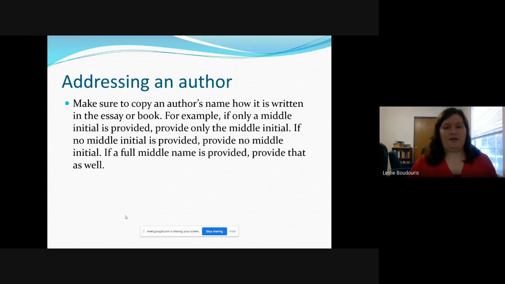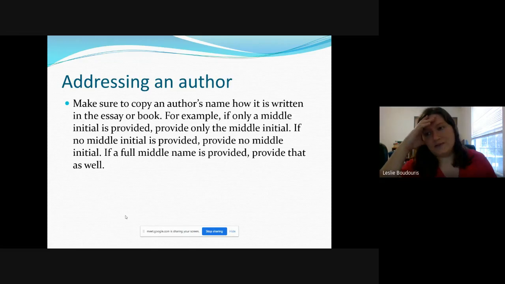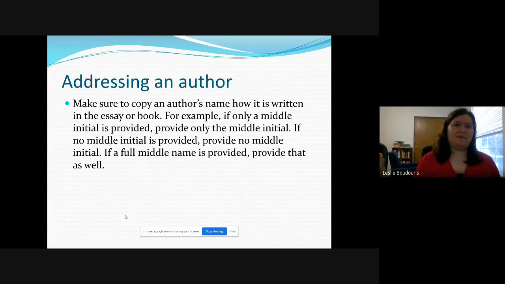They're professional authors. I saw this funny thing online last week about a student, I think a high school student, who was quoting Neil Gaiman. Neil Gaiman is a really famous author. He wrote the Sandman graphic novels and American Gods. He's done a lot of really cool things.